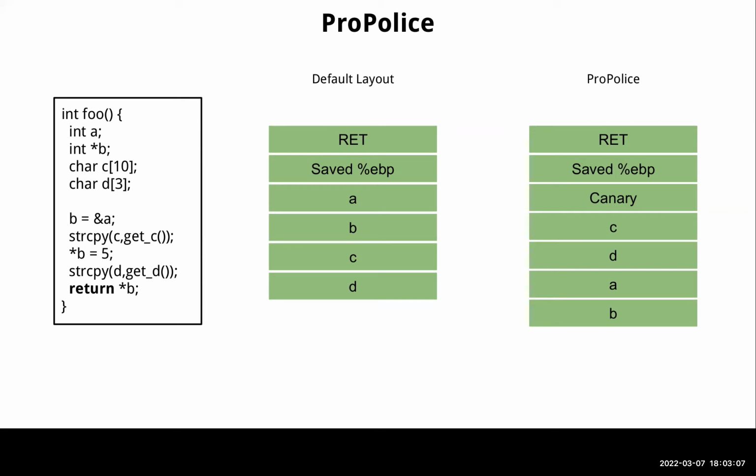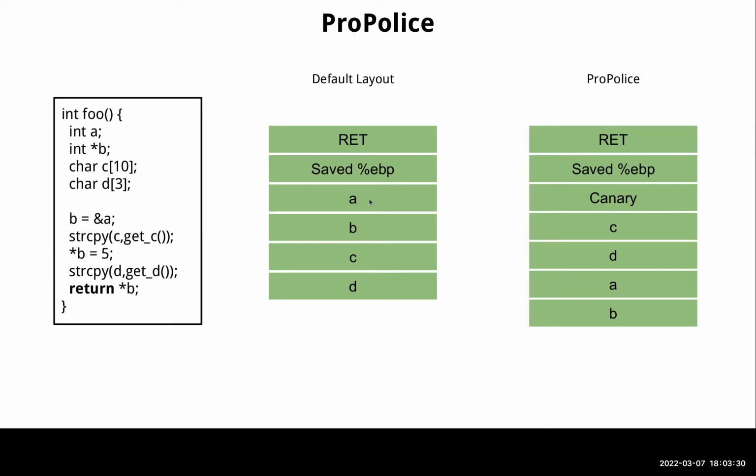Then we are going to do a string copy from C to some other place. And for that string copy, if the stack is arranged like this, this is by default how GCC or old compilers will arrange the stack, right?